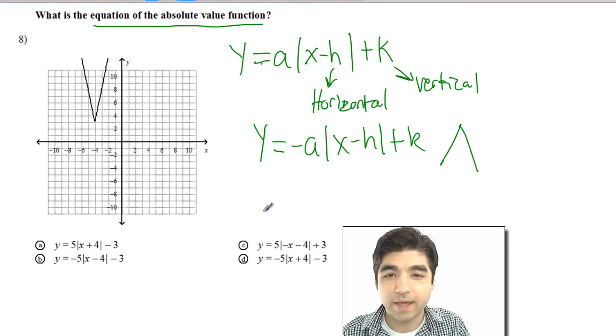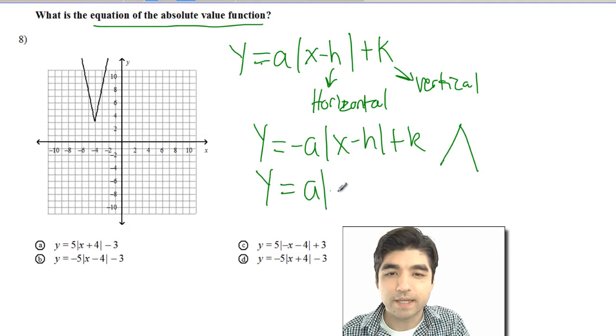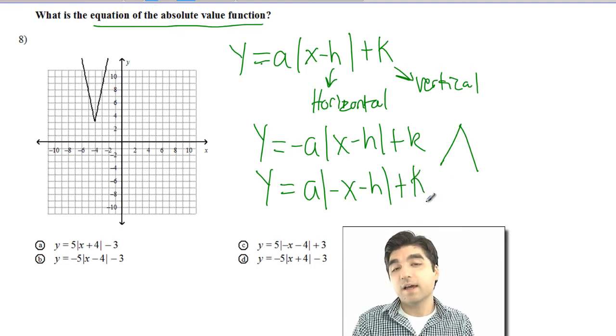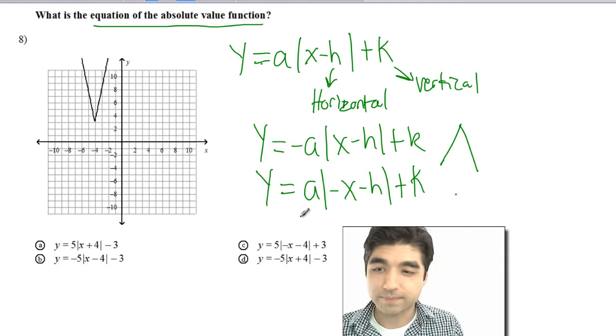If you make the x negative, then that's gonna flip it about the y-axis, which I'll show you some examples.